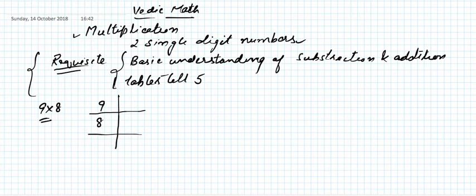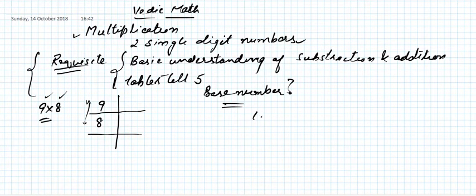Now, once you want to multiply two numbers, write them down in a vertical way. Once this is done, we have to find a base number. Base number is just 10 raised to a power, which is near to the numbers we are multiplying.